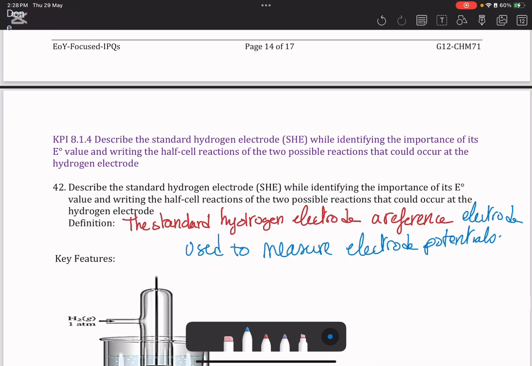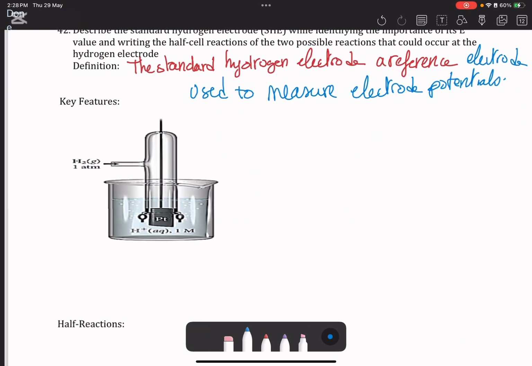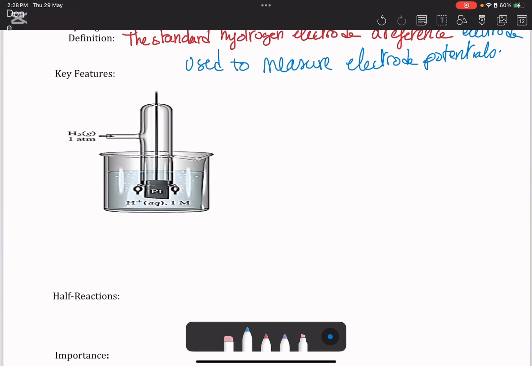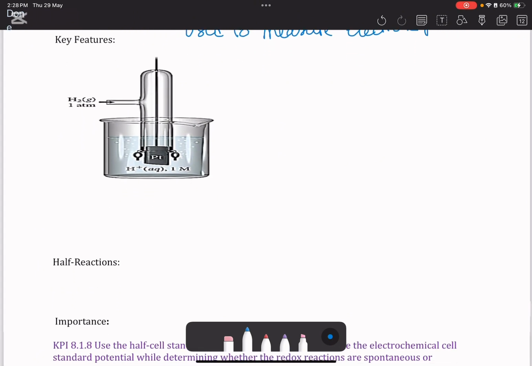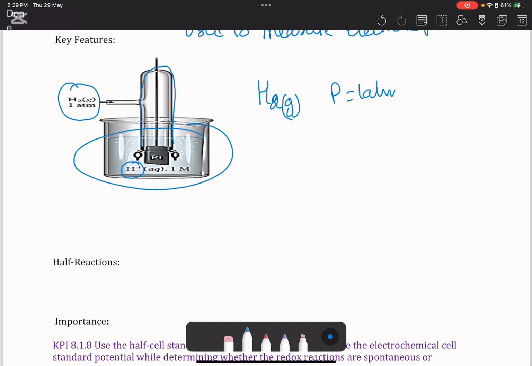Now we need to describe it, like look at the figure and say what you are seeing. So this electrode consists of hydrogen gas pumped in it, hydrogen gas at 1 atmosphere pressure, immersed. This tube is immersed in a solution that is acidic.